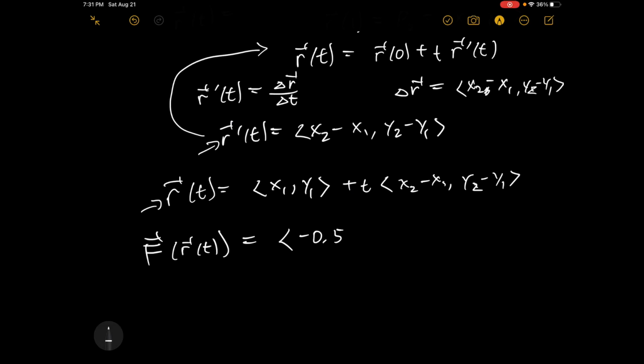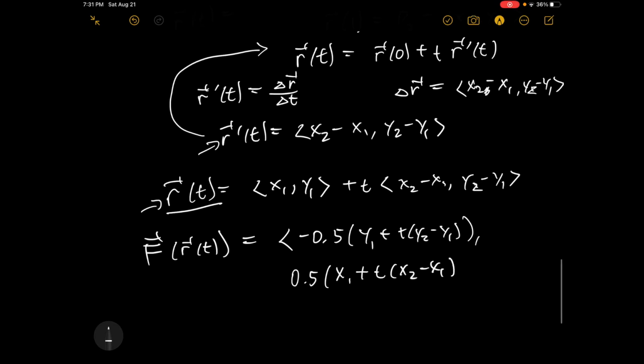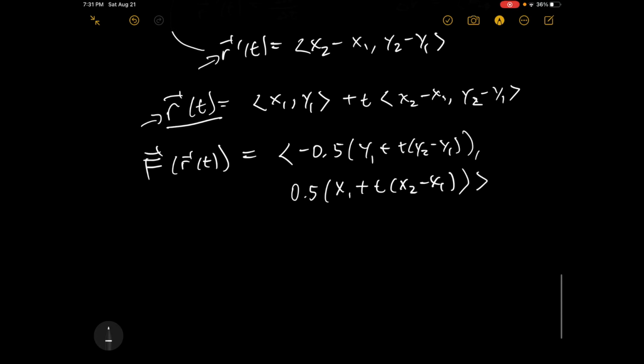So then we know that y is the y from here, which is just y1. All right, nice. And then all that's left is that we take the dot product of f of r of t, dot product of r prime of t, right?